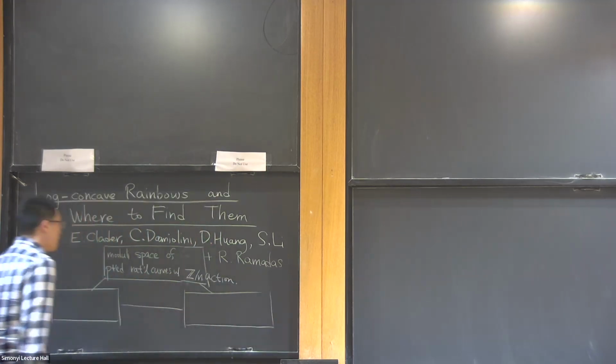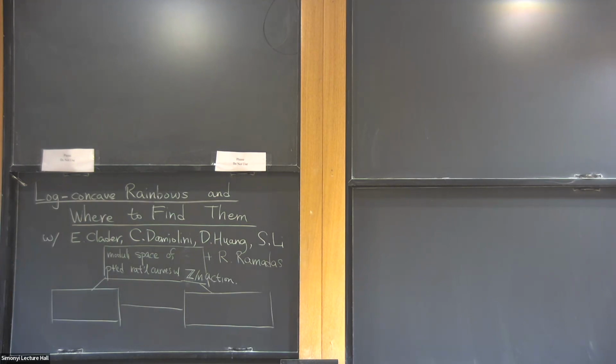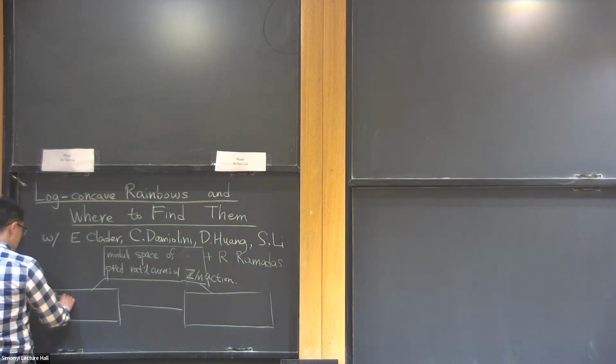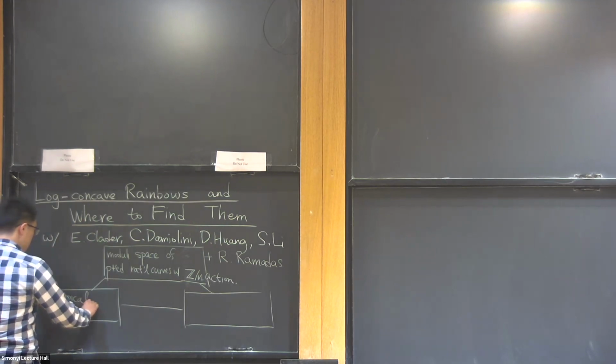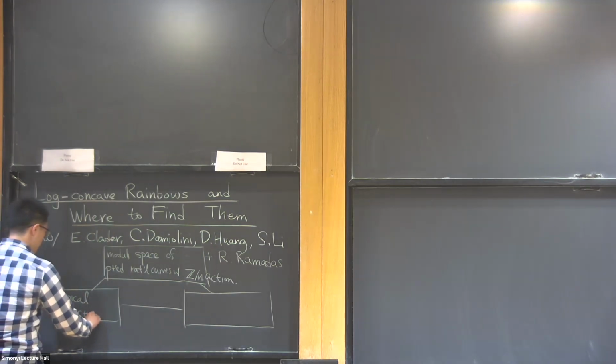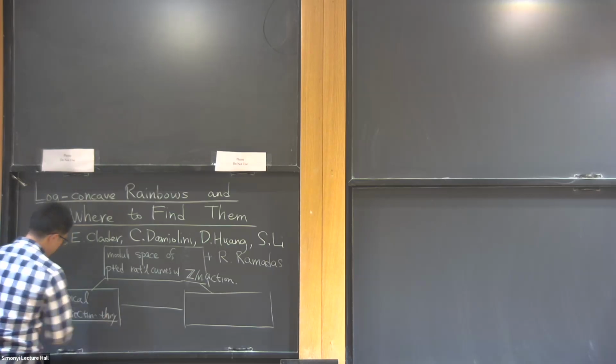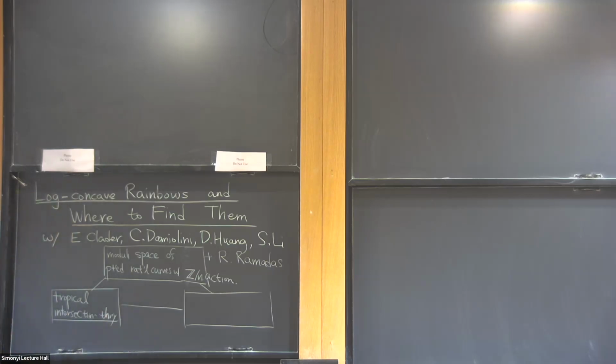3 related areas. So one is this perspective of moduli space of pointed curves that these authors studied. And the other input is tropical intersection theory. And this tropical geometry you can certainly find a close relation between the two.